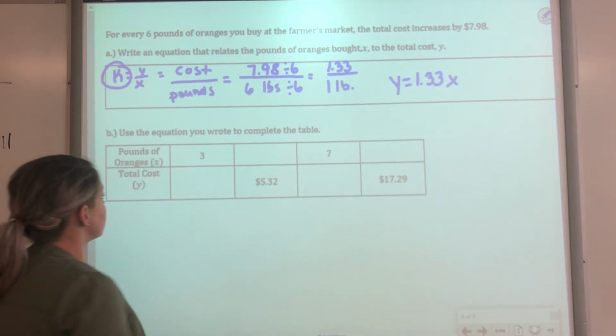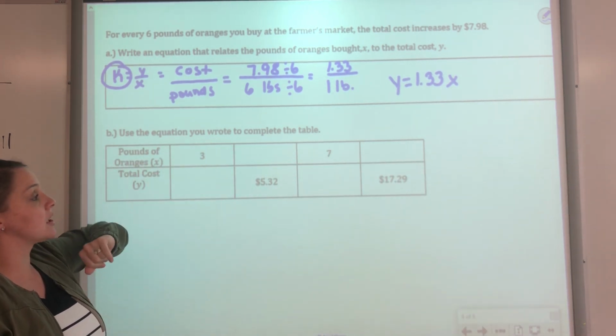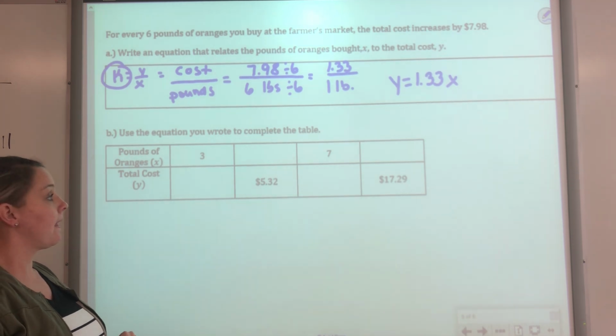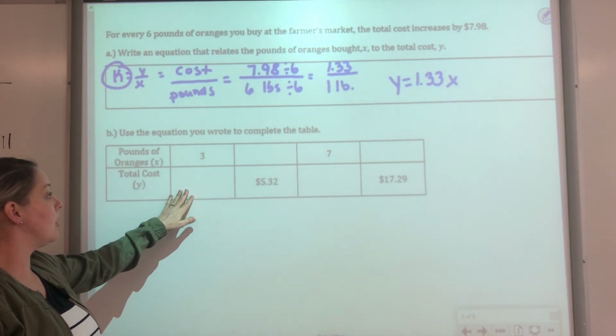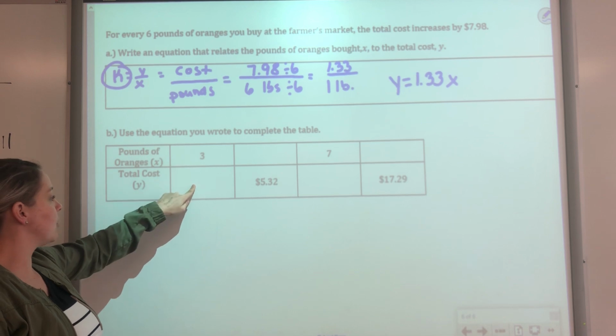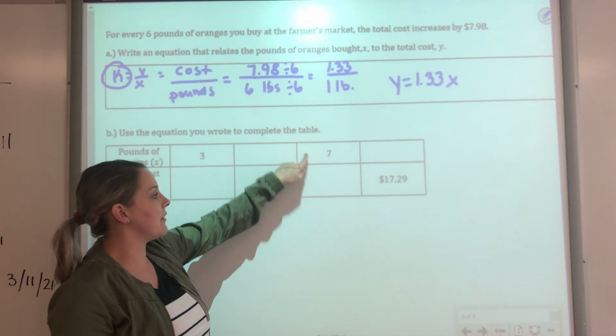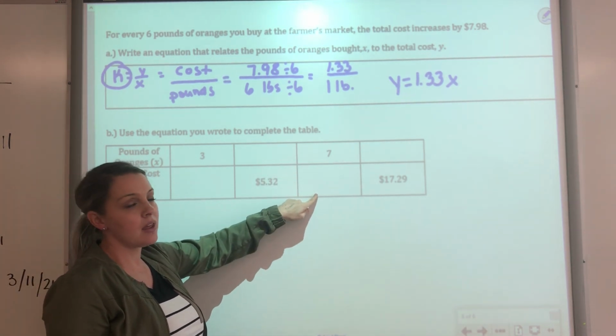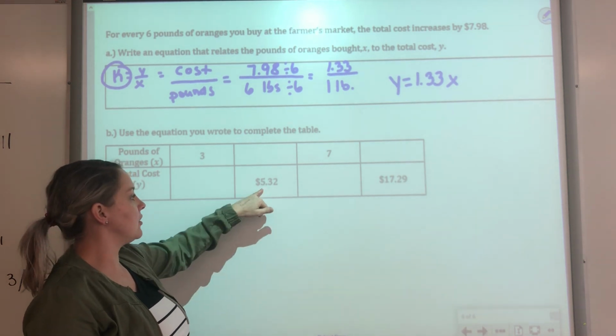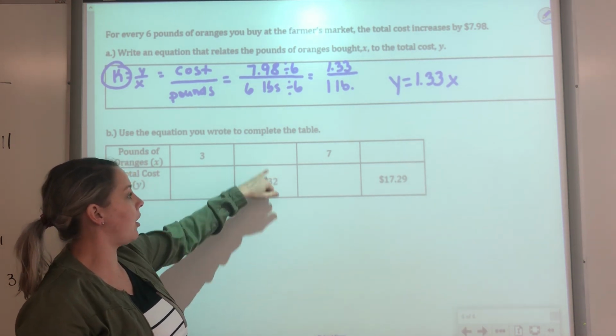Now the second part says, use the equation you wrote to complete the table. So as we can see our table, we've got how much does 3 pounds of oranges cost and how much does 7 pounds of oranges cost. But then it also gives us a value and we have to figure out how many pounds we bought.